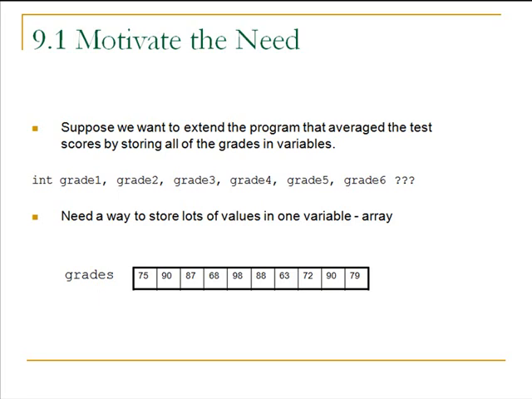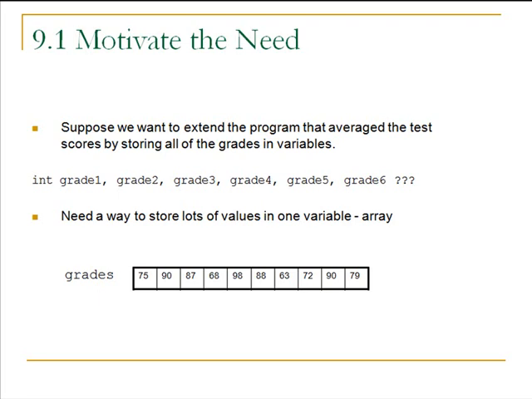But in this case, we're going to have a lot more. So suppose we had a lot more test scores that we wanted to process, and up until now all we could do is declare each one as an individual variable. So we would give it a data type, in this case int, and each one would have its own name, grade 1, grade 2, and so on.